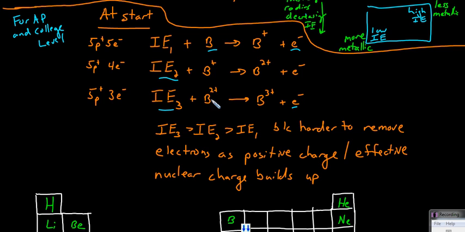If there are just as many protons but fewer electrons on these ions, there's greater attraction of the electron to the nucleus because there's less repulsion from the nearby electrons. So it's harder and harder to remove electrons from increasingly positive ions.